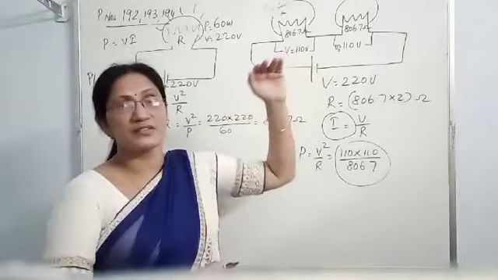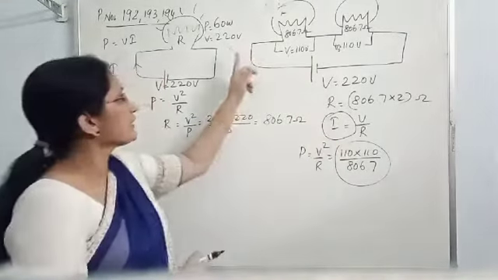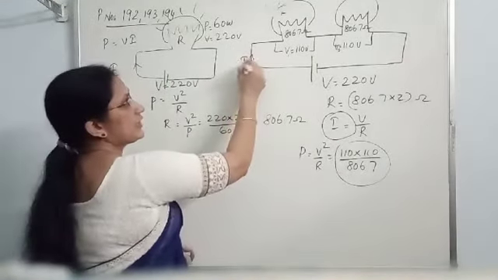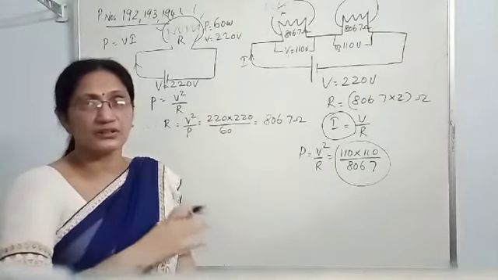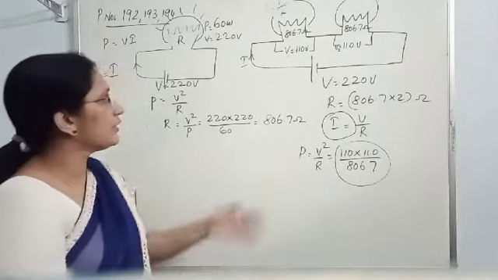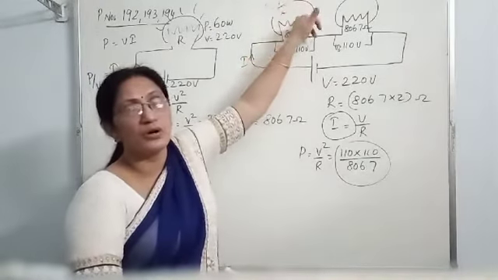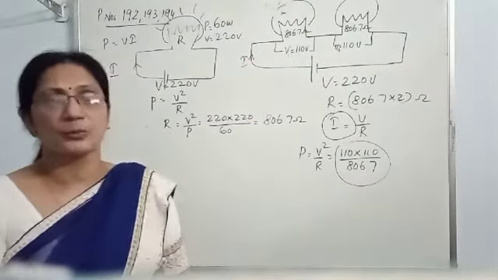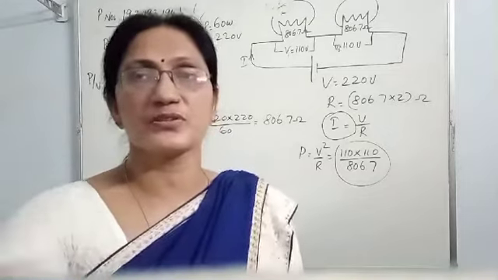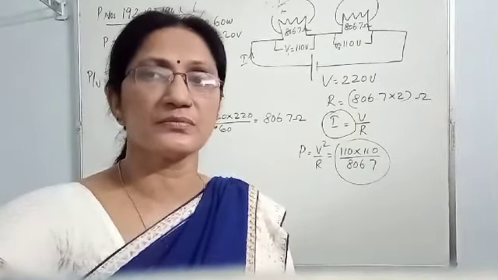Here the voltage is getting reduced, thereby current also decreases. In that way you can give the reason for the less brightness of the bulb, or you can directly calculate the power and show that power now is less than 60 watt, so brightness decreases. So this question can be solved in two ways.